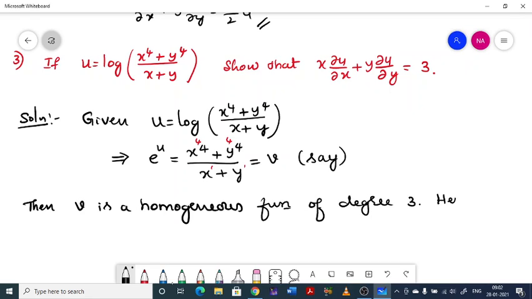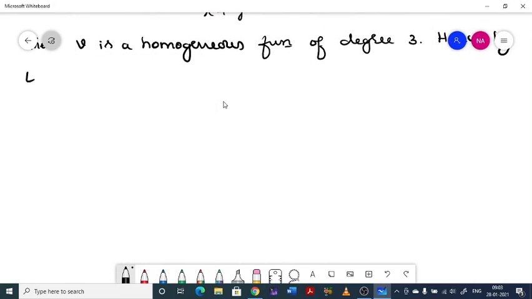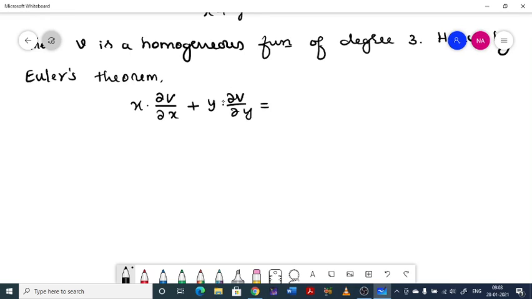Hence by Euler's theorem, we have x into dou v by dou x plus y into dou v by dou y equal to, here n is 3, so 3v. Keep in mind we are applying Euler's theorem for v.